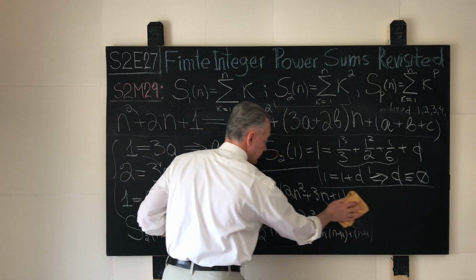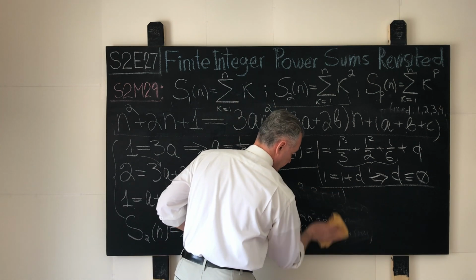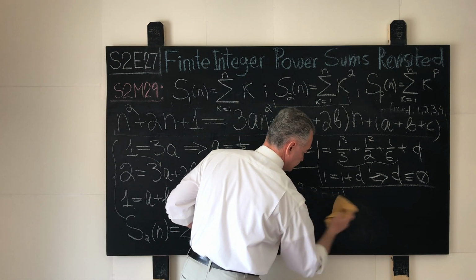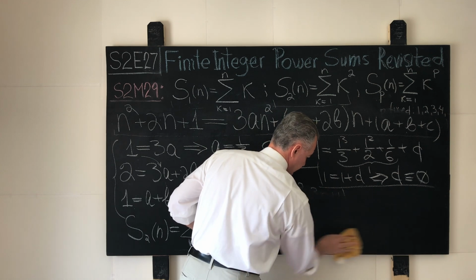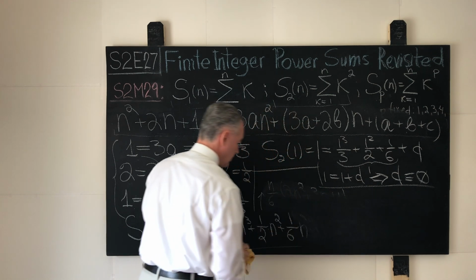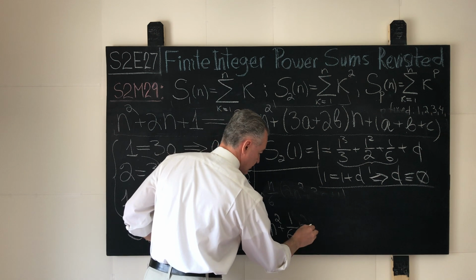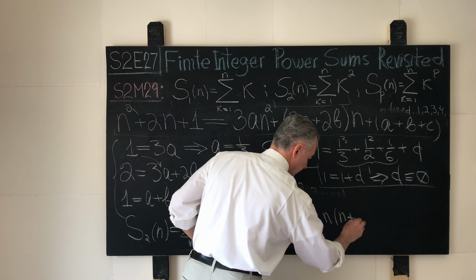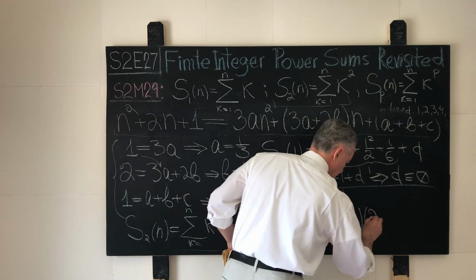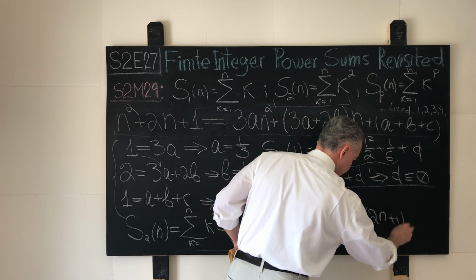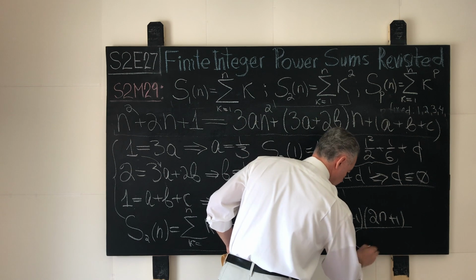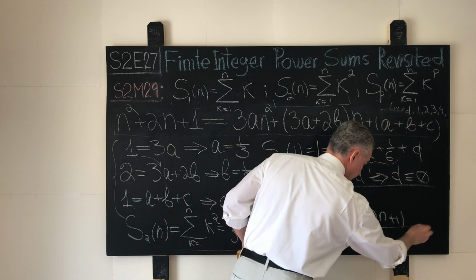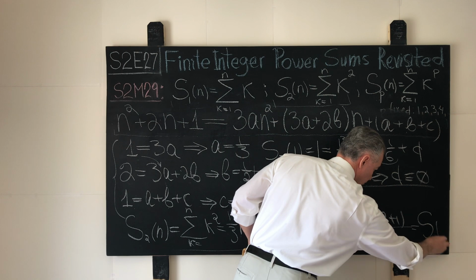And thus, once we all understand where it came from, it is more than straightforward to see that the answer is what? N times n plus 1 times 2n plus 1 over 6. This is our S2 of n.